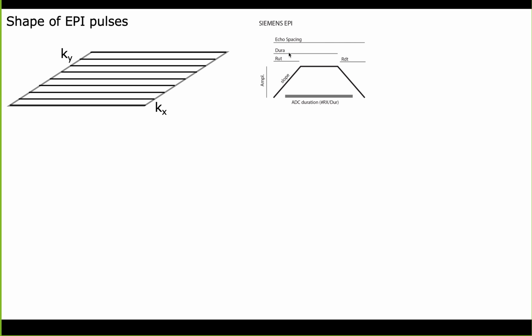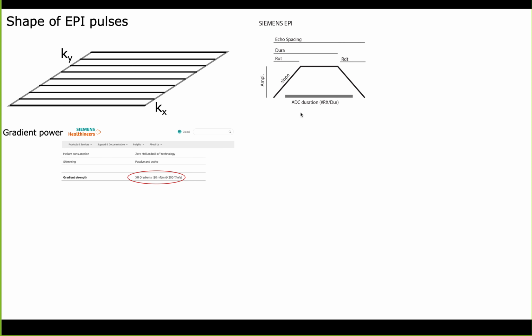So there is a slope when we switch on the gradients. As soon as it's maximum strength, we have a flat top, and then it goes down. And there are maybe about 7 parameters that determine when we start acquiring data, how big the amplitude is, what the ratio is of the slope versus the flat top, and so on. And these parameters are usually limited by the gradient power.